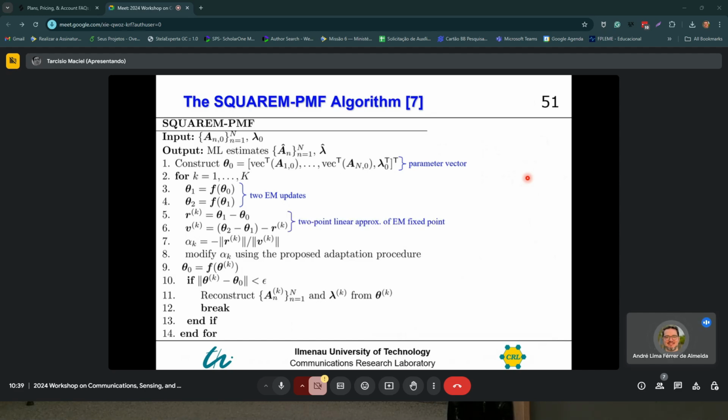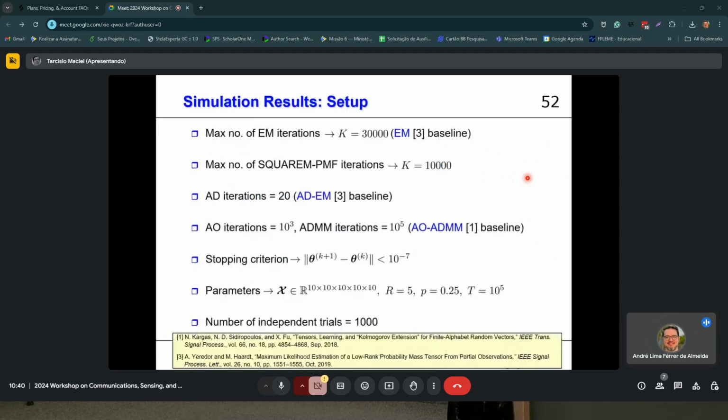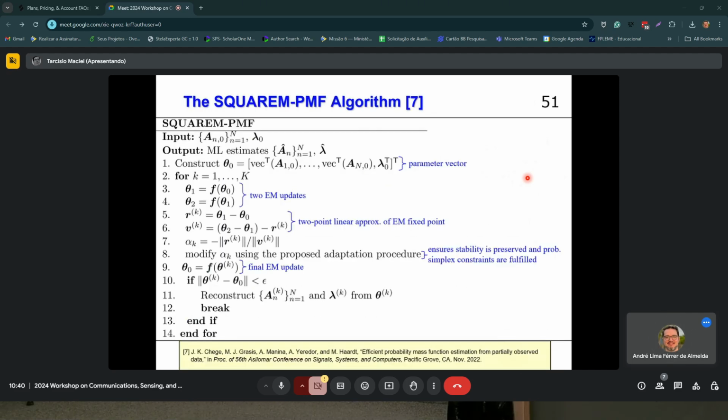Then you do this linear approximation of the EM fixed point using the 2 solutions that we have from steps 3 and 4. Then we select our step size using the proposed adaptation procedure, and then we do a final EM update. After that, we can reconstruct our factor matrices and the loading vector.